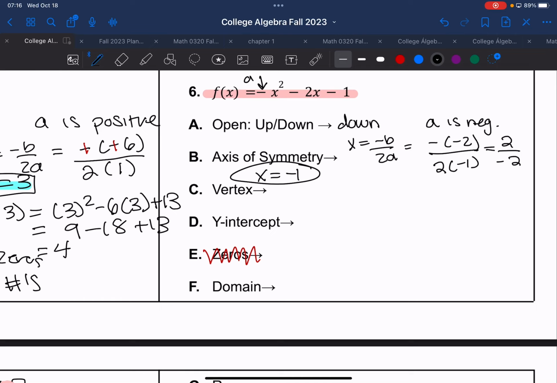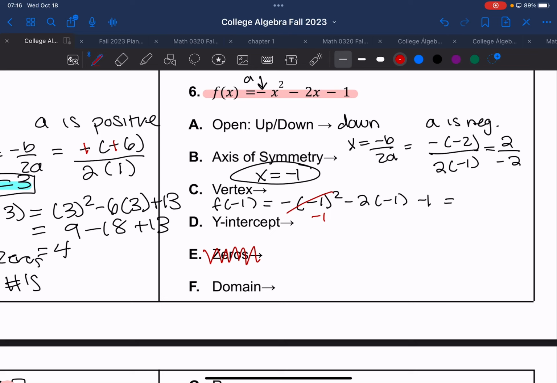How do you use the axis of symmetry to find the vertex? Plug it in. So we have f of -1 is equal to negative, parentheses, -1 squared, because we're plugging it in for x, minus 2 times -1 minus 1. Okay. So negative 1 squared is 1, but we have that negative in the front, so this is negative 1.